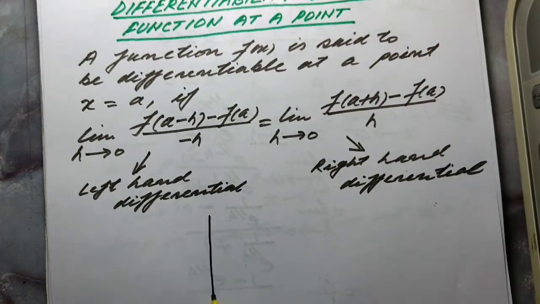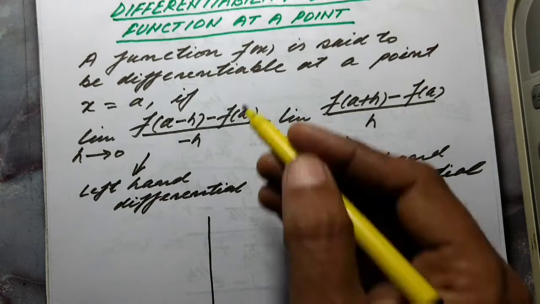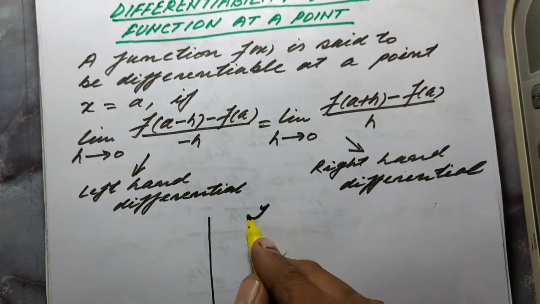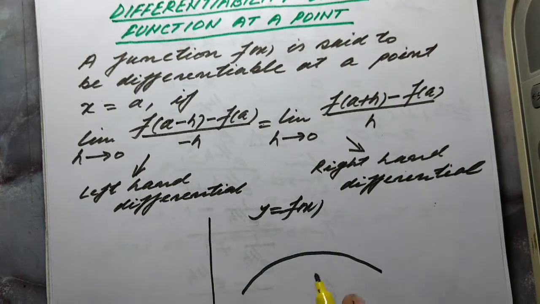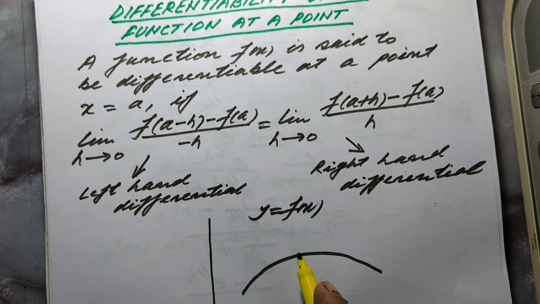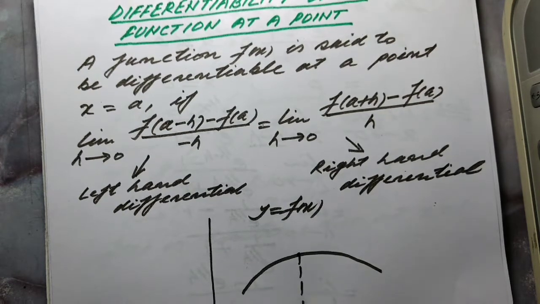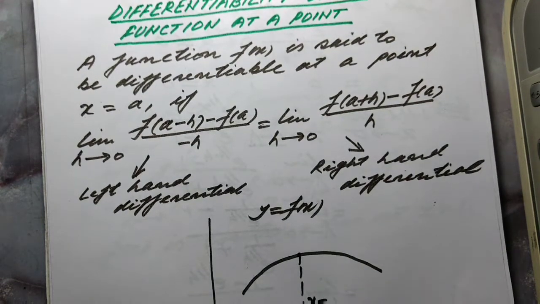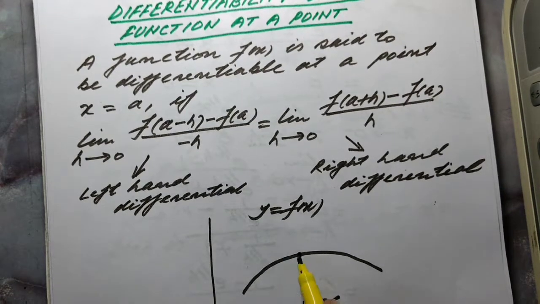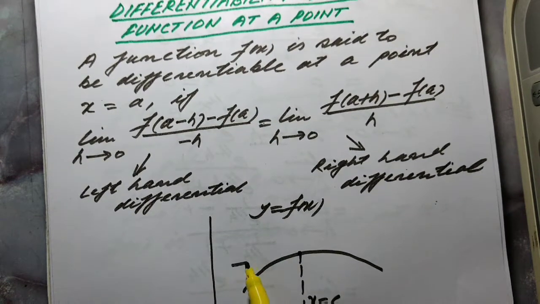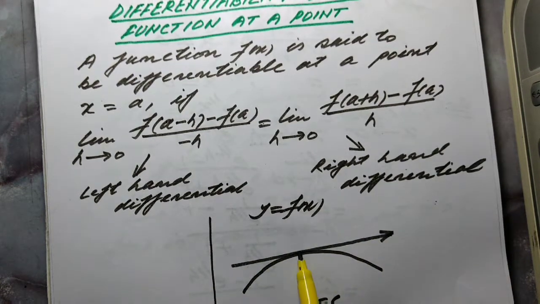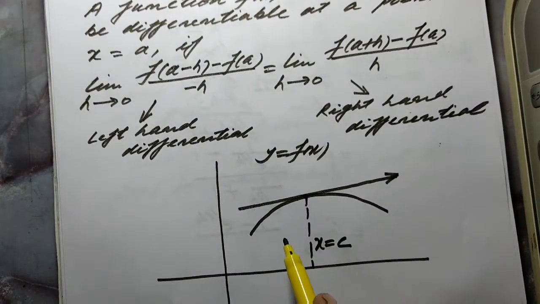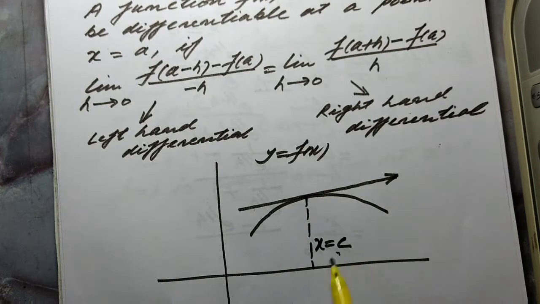For example, suppose the curve of the function y = f(x) is this, and suppose this point is x = c. At this point, if a tangent can be drawn, the function f(x) is said to be differentiable at x = c.